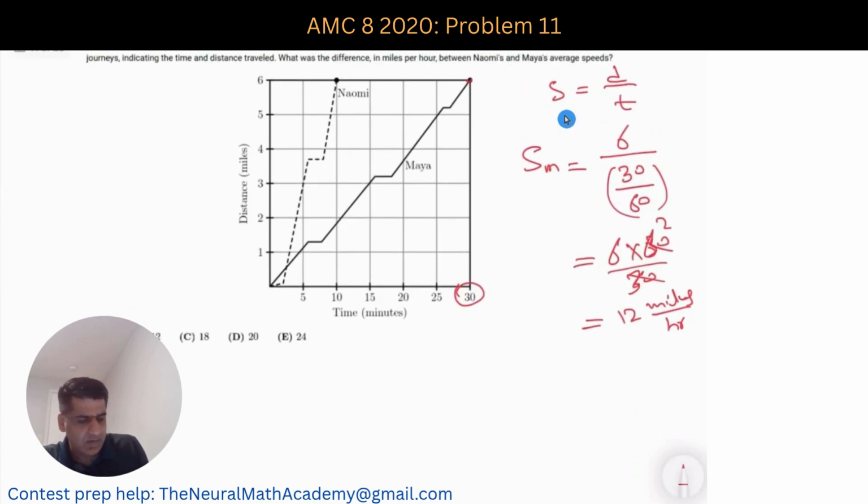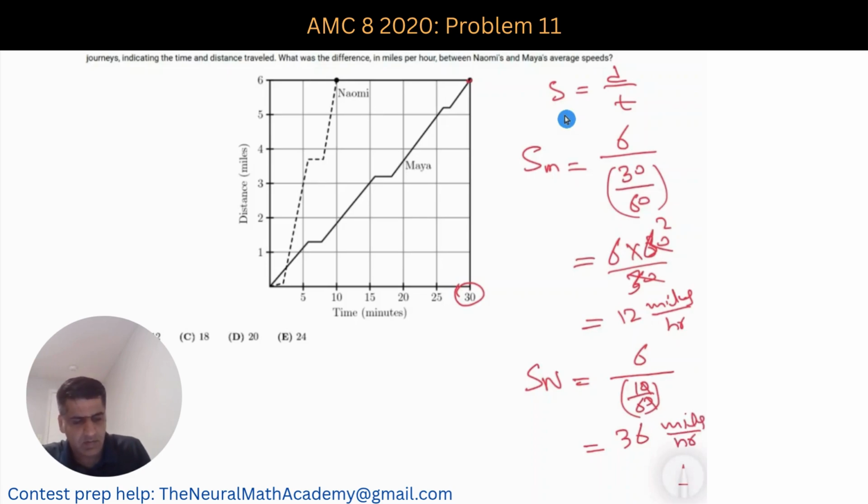So similarly, we can calculate for Naomi. So Sn would be equal to the distance, that is again 6, and the time that it took, that is 10 minutes, and then we can solve it, and we will get the speed, that is 36 miles per hour.